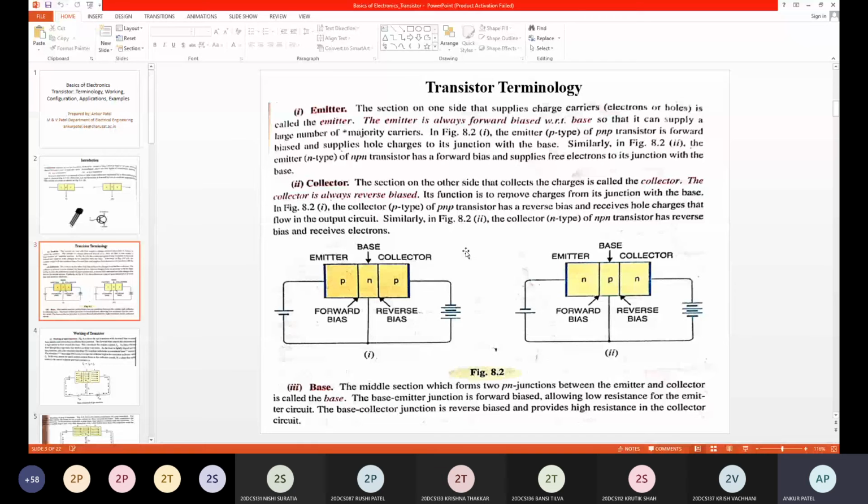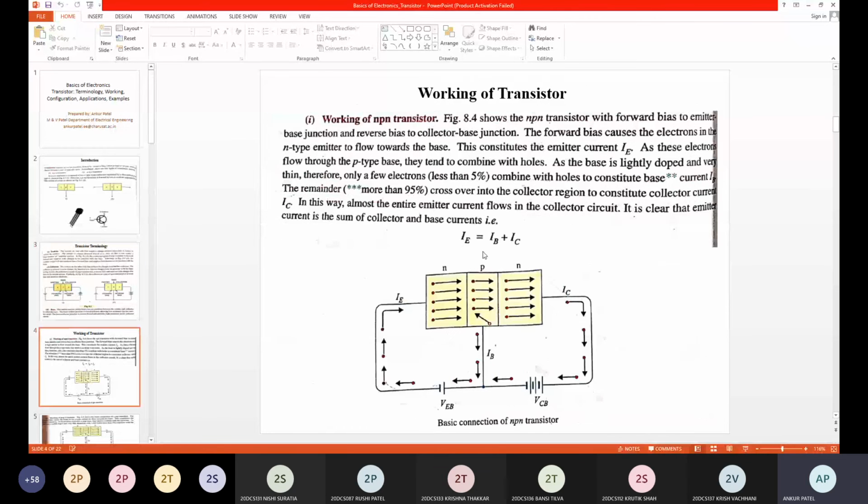So we have the current relationship IE equals IB plus IC. You can see this, IE equals IB plus IC. IB is very small compared to IE, and IC entirely depends on IE. So that's why we have the relation IE equals IB plus IC.